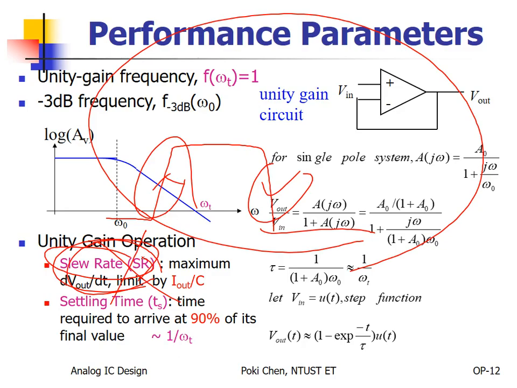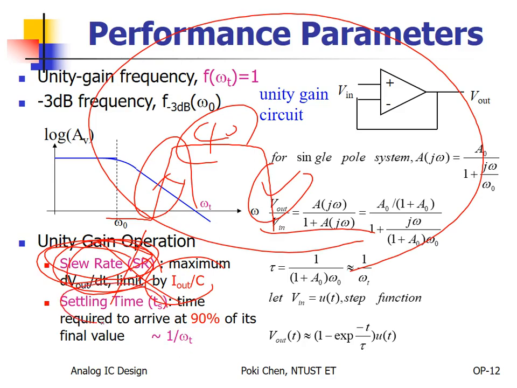Why not exactly the same as your specification? Because of process variation. You need some tolerance for your process variation. Usually, positive and negative, I think peak to peak, 30 to 40%. So 50% more or even double for slew rate is good enough. No more. Otherwise, you will waste too much power and chip area.